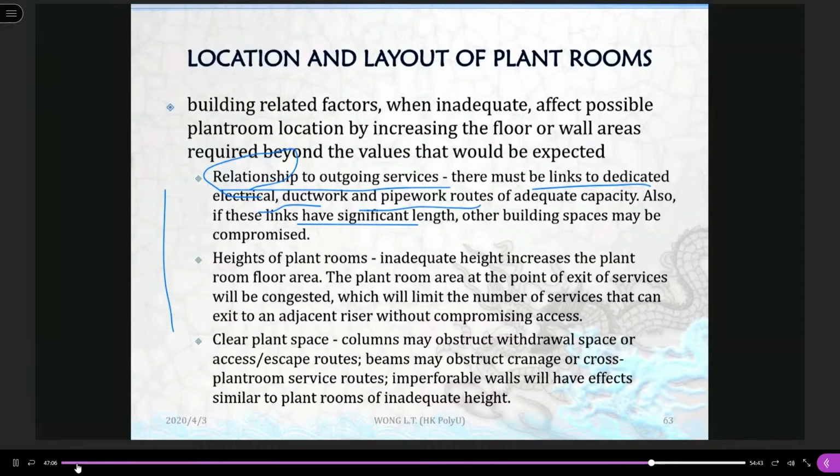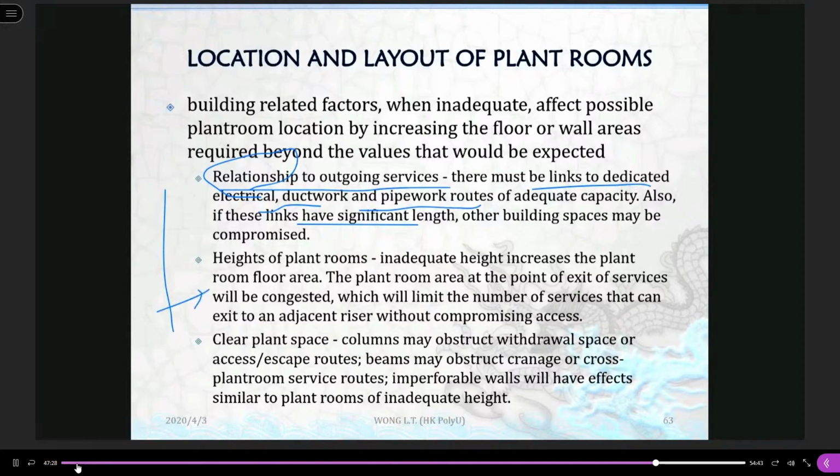The plant room area at the point of the exit services will be congested, so they need more space for access as well, which will limit the number of services that can exit to an adjacent riser without compromising access. So we need the additional room area. That is a particular special case consideration.